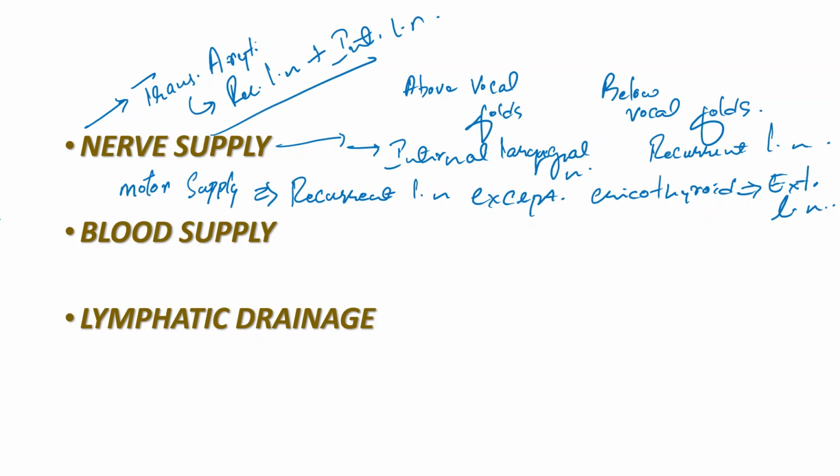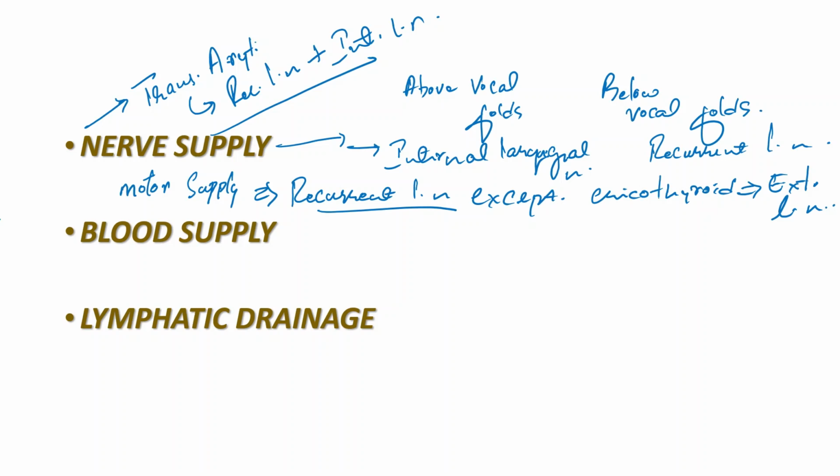The secretomotor supply of the laryngeal glands is derived mainly from the recurrent laryngeal nerve. So this is about the nerve supply of the larynx.